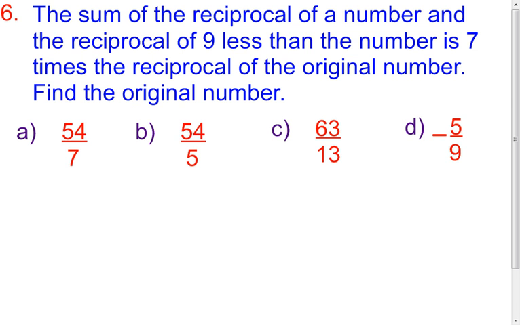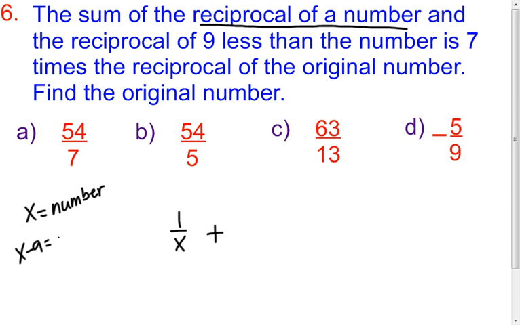Okay, so we have x, which we're going to just call the original number. So when I sum, sum means to add, the reciprocal of a number, so the reciprocal of x would be 1 over x, and the reciprocal of 9 less than the number, so x minus 9 is 9 less than the number.